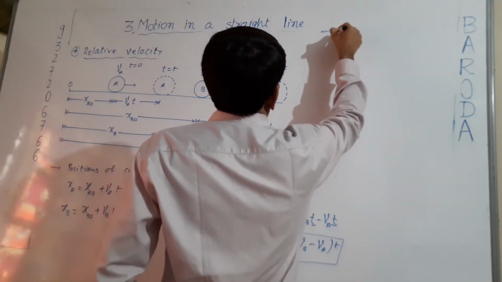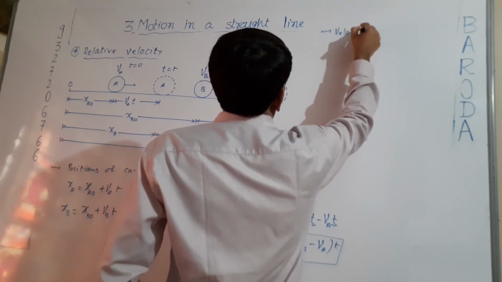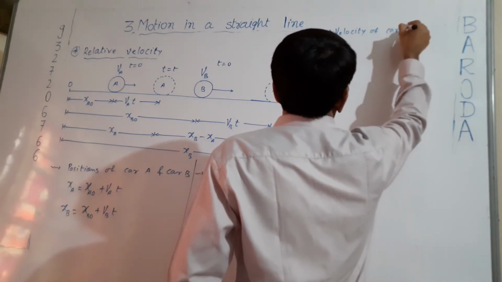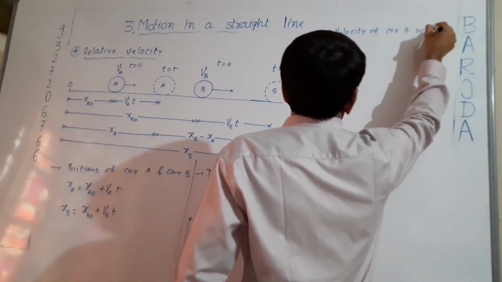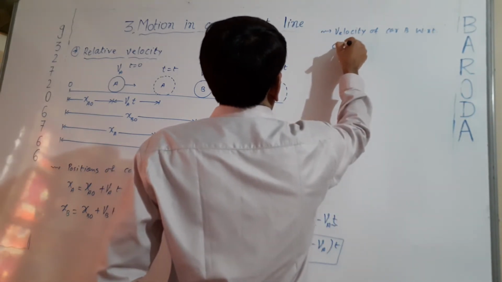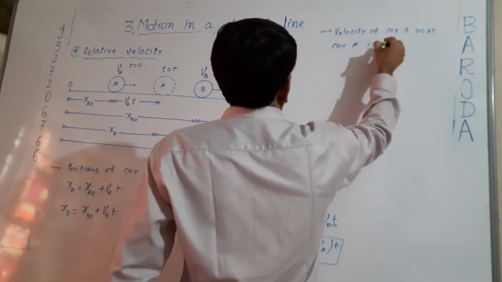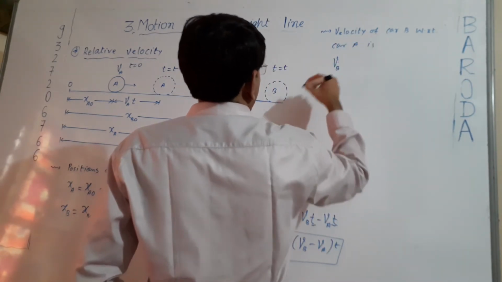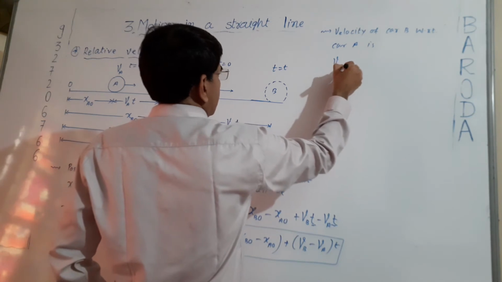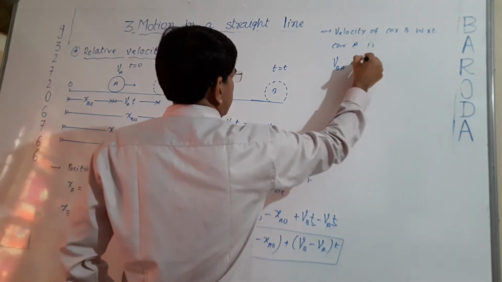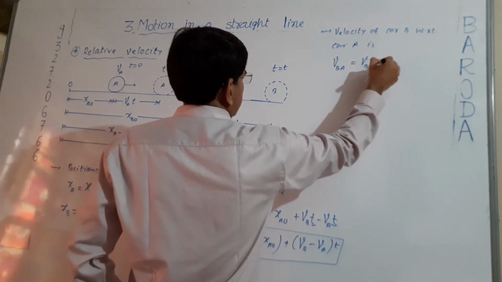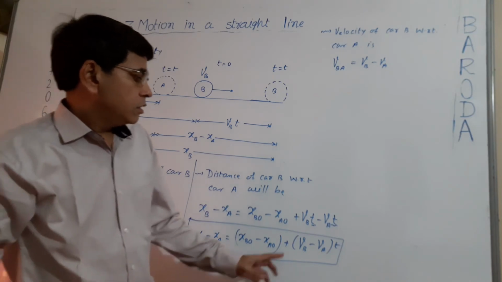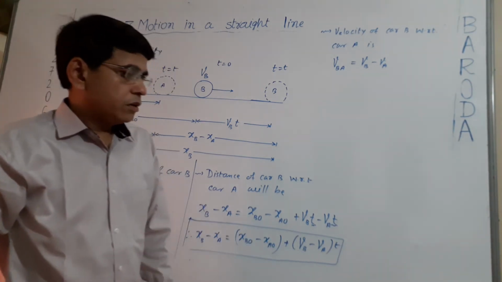The velocity of car B with respect to car A is VBA equal to Vb minus Va. So here Vb minus Va is the speed of car B with respect to car A.